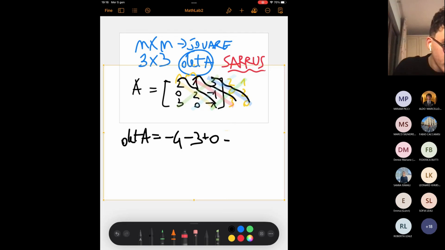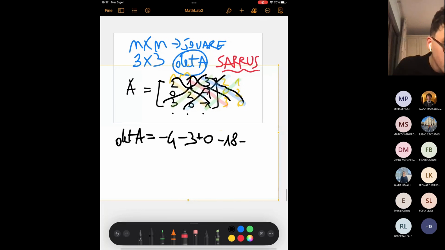And then we have to subtract the values in the other direction, this diagonal and this diagonal. So it's minus 3 times 2 times 3, so minus 18. Minus 2 times -1 times 0, which is 0. And then we have 1, 0, and -1, which is 0.